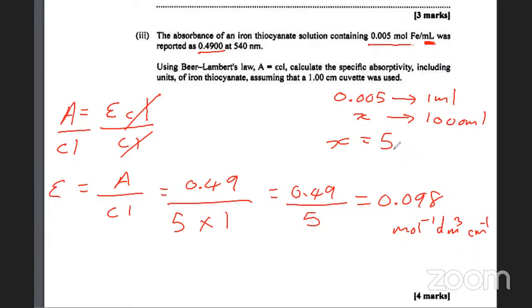Absorptivity is per mole per dm cubed and concentration is moles per dm cubed. What is E? E is the absorptivity. So what is A? Absorbance.